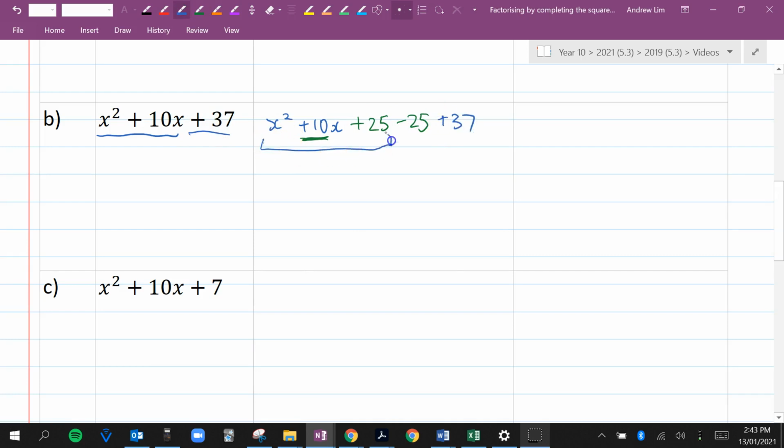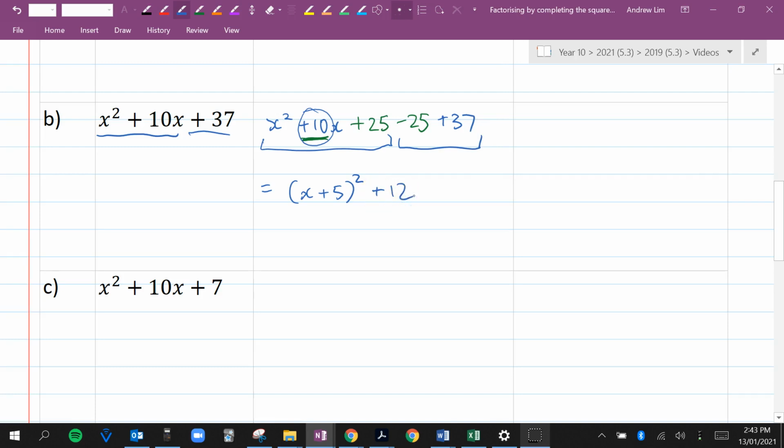There's my perfect square. I will factorize that to make it x plus 5 all squared, because half of positive 10 is positive 5. This bit here, minus 25 plus 37, is positive 12.